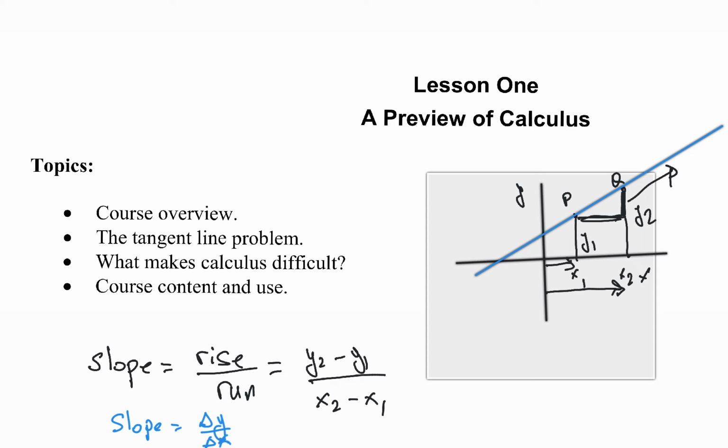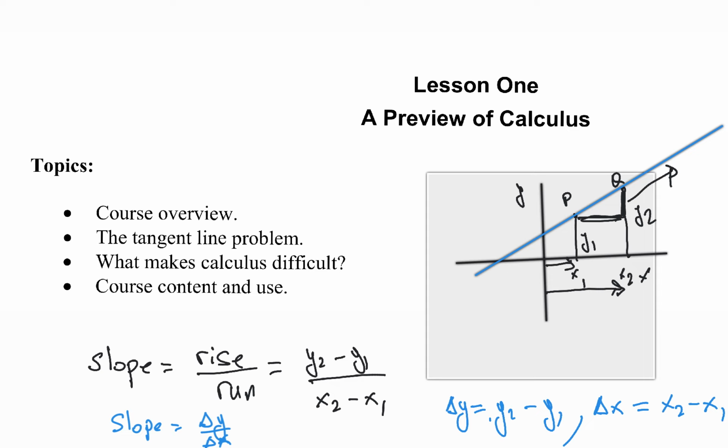Delta y is y2 minus y1, and delta x is x2 minus x1.